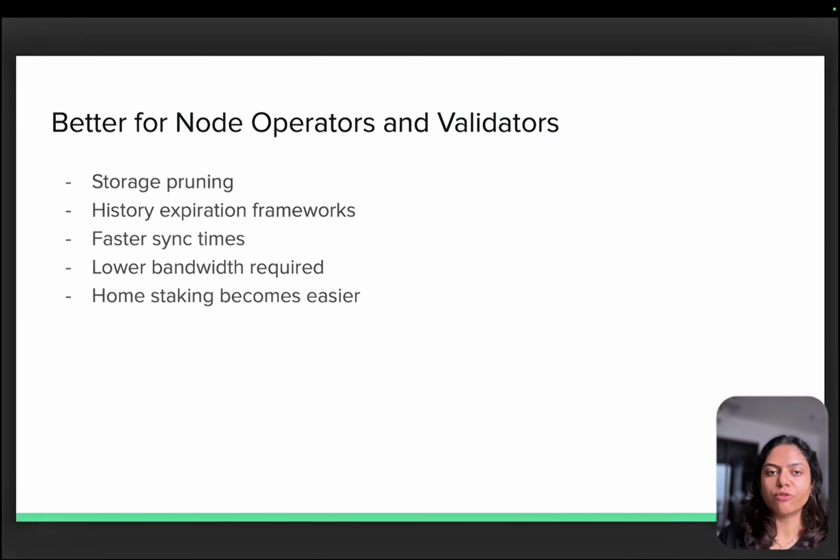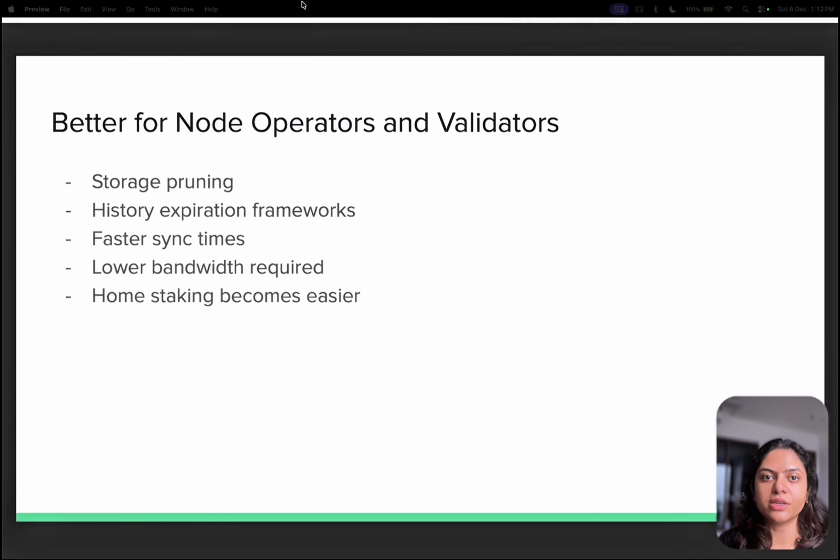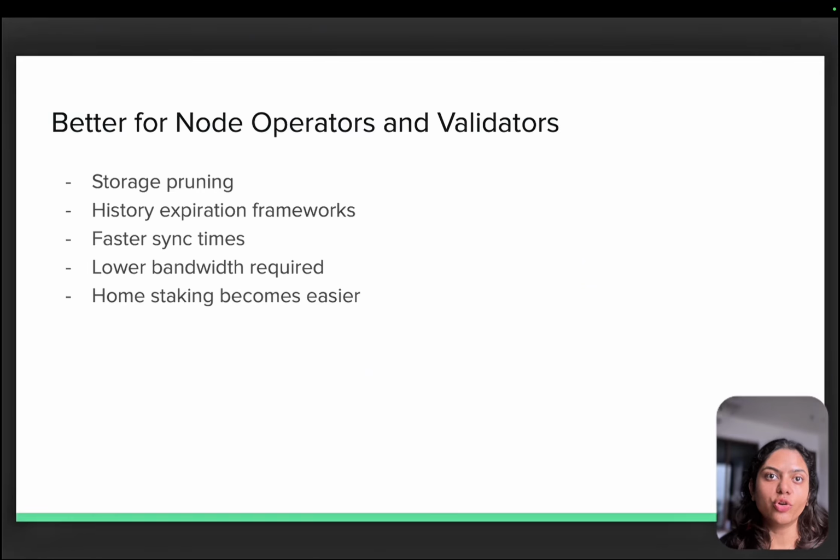What better things happen for node operators and validators after Fusaka? This upgrade is also a huge win for node operators. They get storage pruning, a history expiration framework, faster sync times, lower bandwidth requirements, and home staking becomes easier.